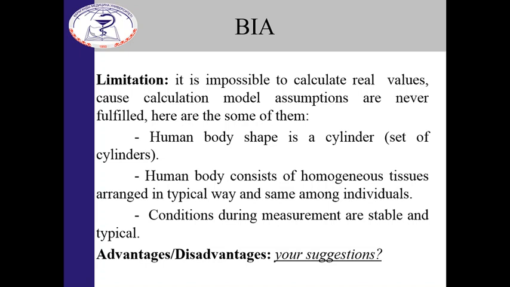This technology has other problems and its own limitations, etc. So think about it: is BIA better in some respects than dual energy X-ray absorptiometry, or worse? Please record your suggestions here.